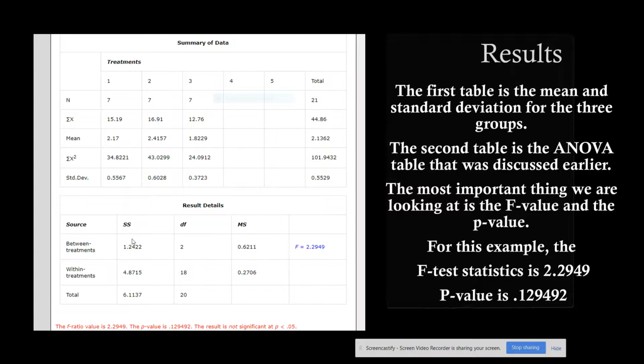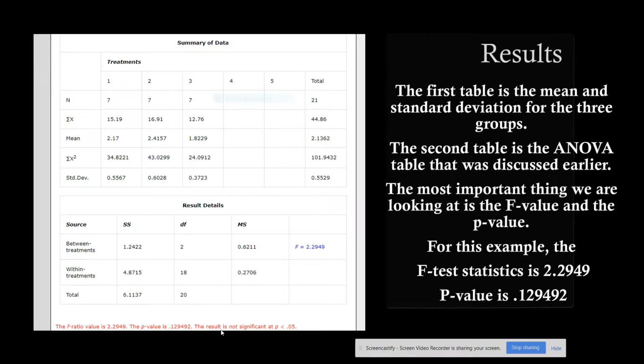So now down here, remember when I went through all of the talking about between the treatments and within the treatments, because the between means I'm comparing the samples and within means I'm comparing the sample to itself. Here's all that table, and they solved it for you, so I don't even need to worry about it. So the important things that it gives me is the F value and the P value.